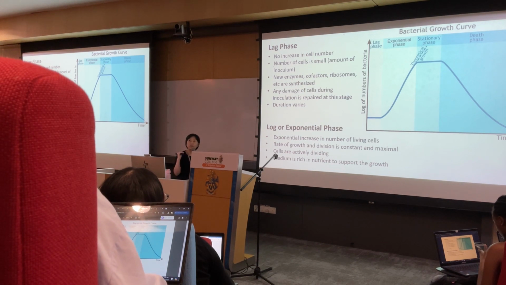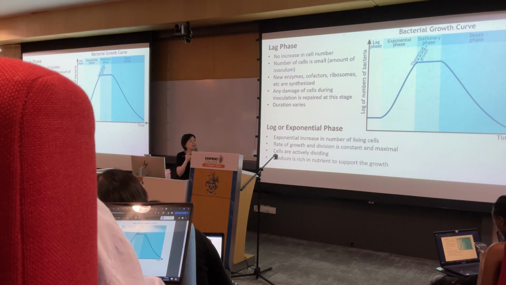They will repair the mutations. Otherwise, if you keep going, there's a lot of mutation, it will cause the bacteria to die at the end. That's why they have a repair system to repair the DNA before they really undergo the DNA replications. So this happens during the lag phase.